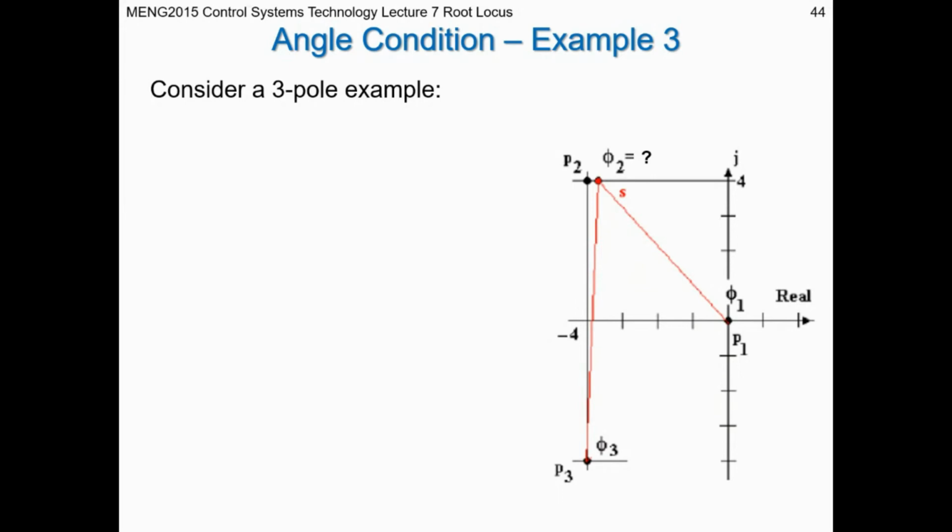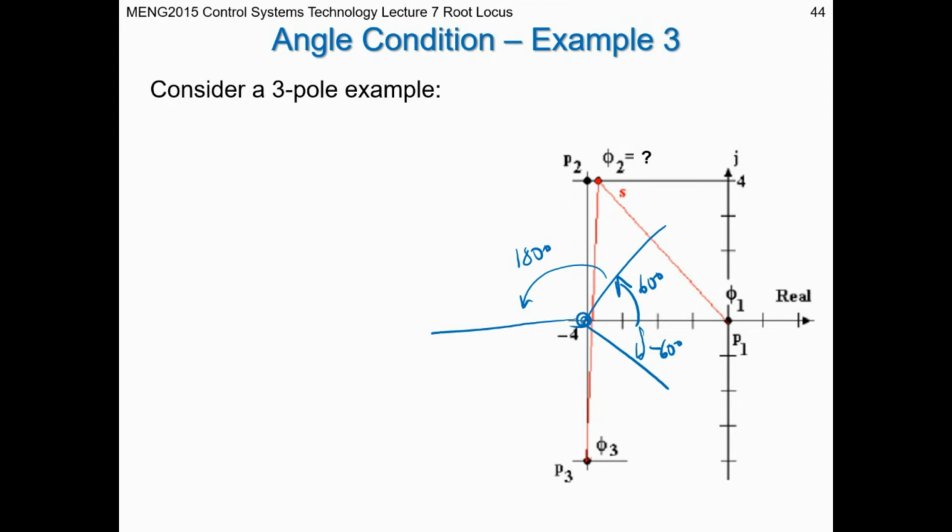So if you divide 360 by 3, you get 120. So they're going to be 120 degrees apart, and so there's going to be one going off at 60 degrees, one going off at minus 60 degrees, and one going off at 180 degrees. Right, so these are our asymptotes.